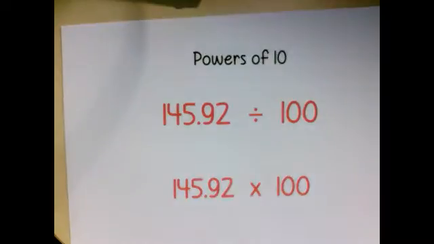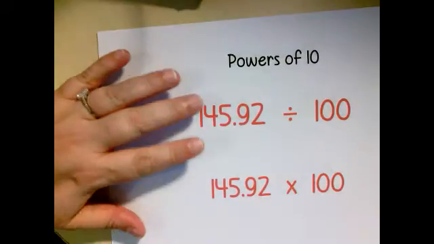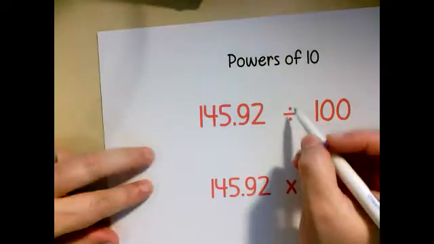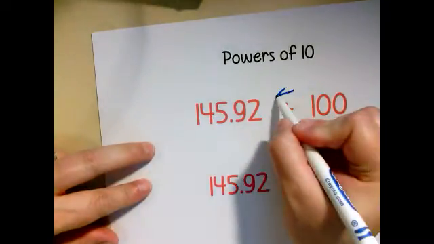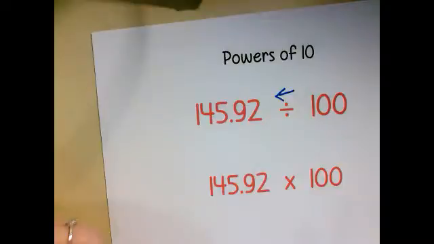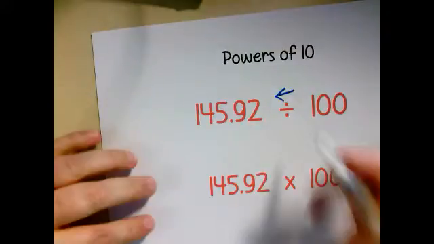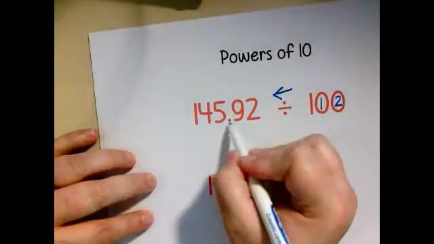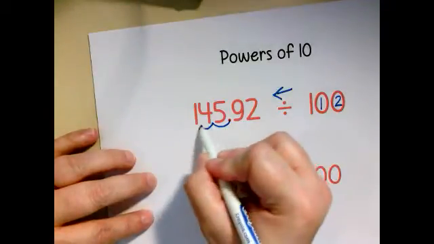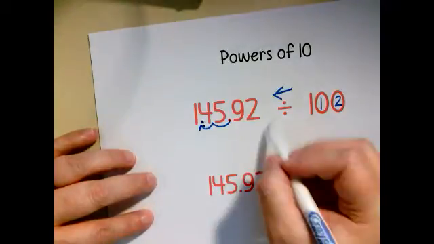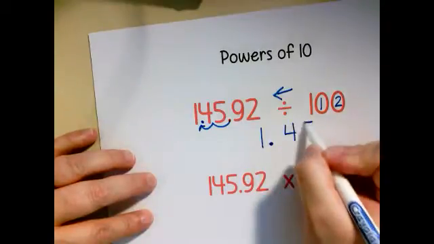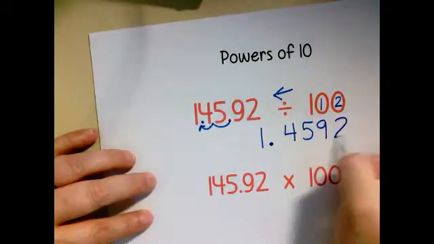All right, here's another one. We're going to move through these quickly here. So here I'm dividing, so I'm going to move to the left because my number is going to be smaller. And I'm going to move my decimal point back 2 places. So 1, 2. So my quotient here would look like that.